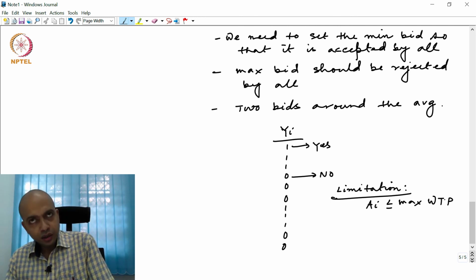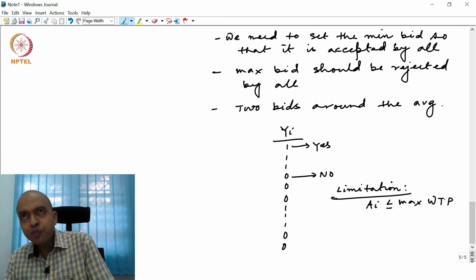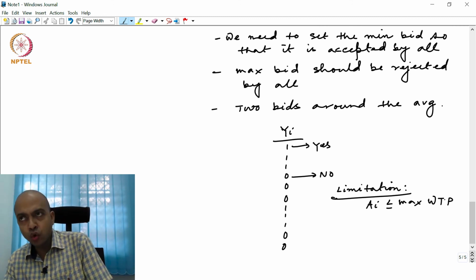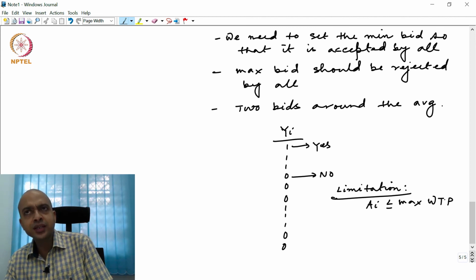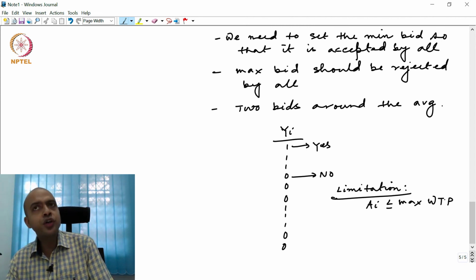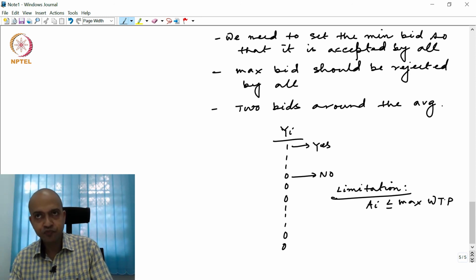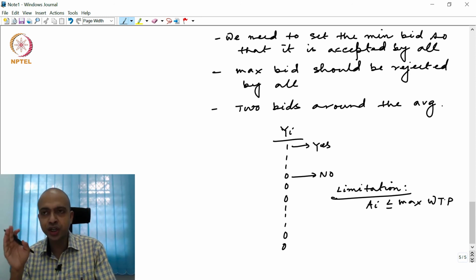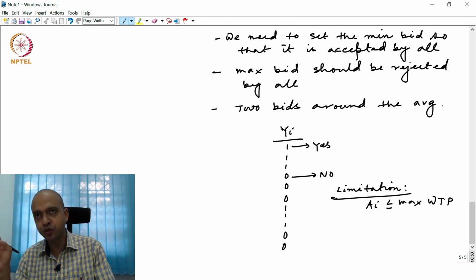Similarly, for a particular bid amount, let's say 150, when the respondent is saying no, I am not able to collect information about their actual payment. It would have been the case that if we had asked a little lower than 150 rupees, the respondents would have agreed to pay that. So since it is a one-shot game, we are noting the response at that stage itself, either yes or no. So there is a partial observability problem.